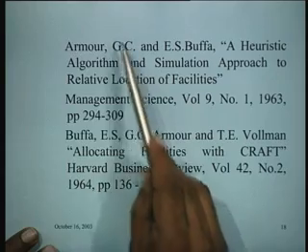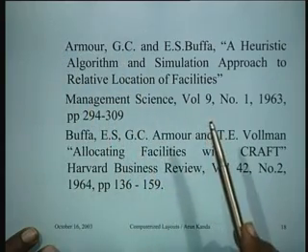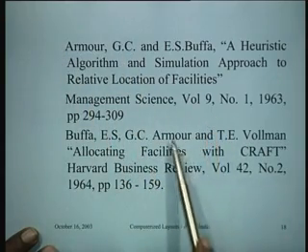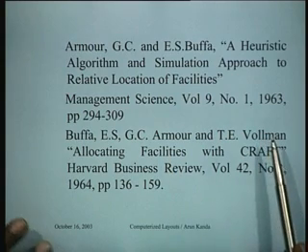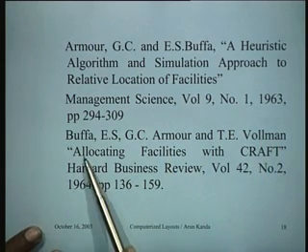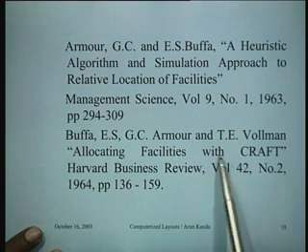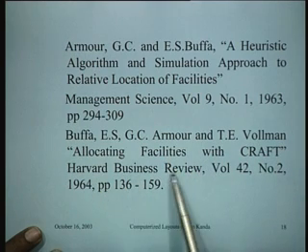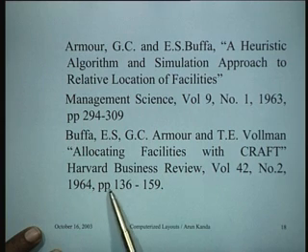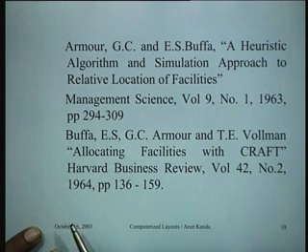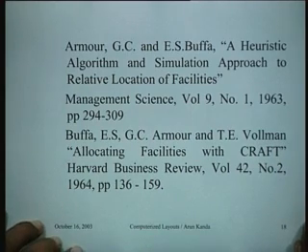It's like saying that Armour was the first person who did his BTech with him, and Vollmann in the next batch did that project with him, and he had this paper called Allocating Facilities with CRAFT, published in the Harvard Business Review, volume 42, number 2, 1964, pages 136 to 159. These two papers give the details of this procedure called CRAFT. Now we look at this procedure.